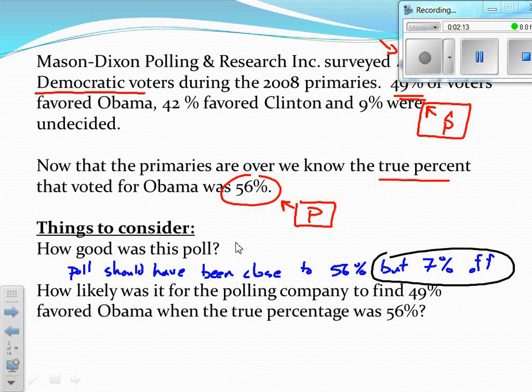Another way to think about this, we can start to do some probability calculations when we think about how likely it is for that company to get 49% when the true percentage was 56%. And the way we're going to do that is using a sampling distribution.